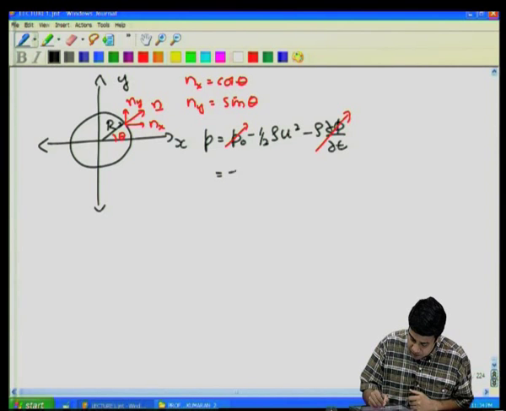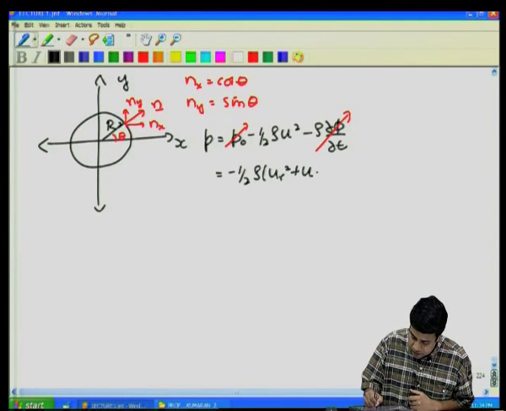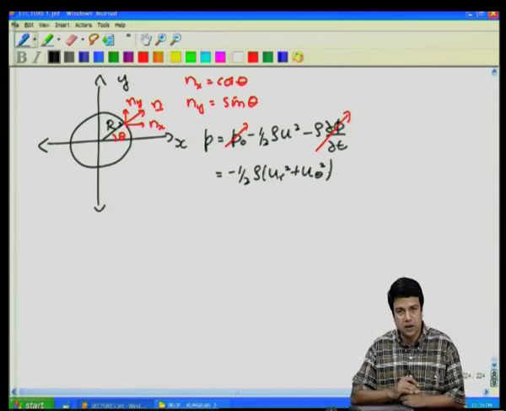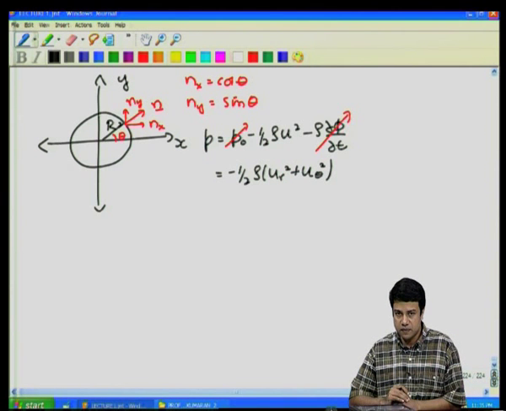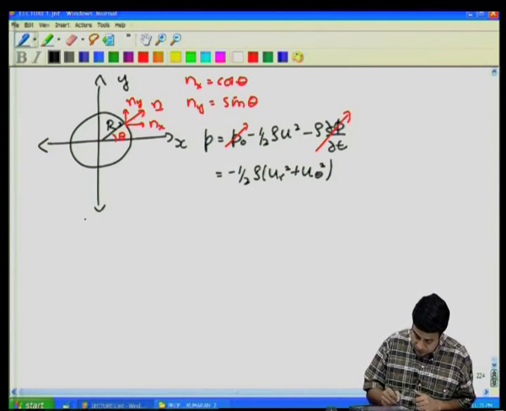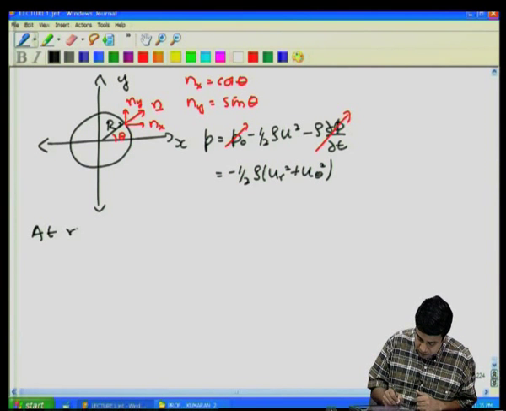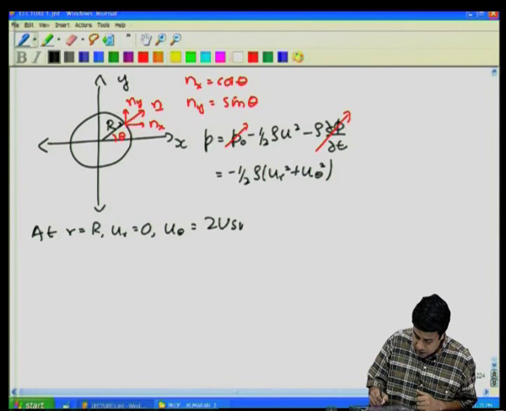So, this is equal to minus half rho into u r square plus u theta square. On the surface of the cylinder itself, we know that at r equal to capital R, u r is equal to 0, and u theta is equal to 2 u sin theta plus gamma by 2 pi r.